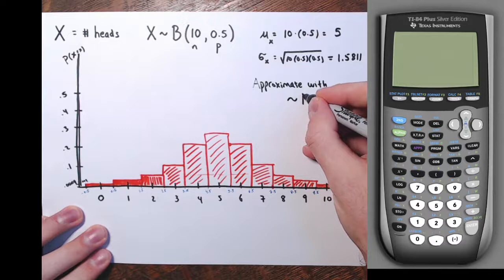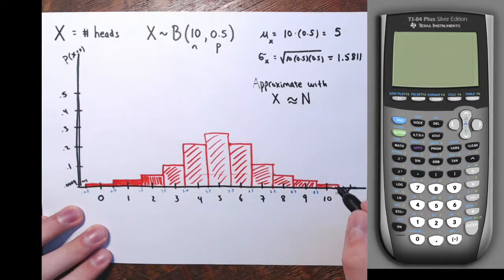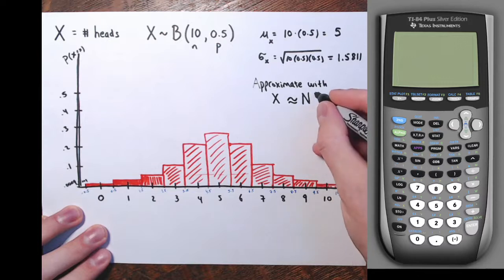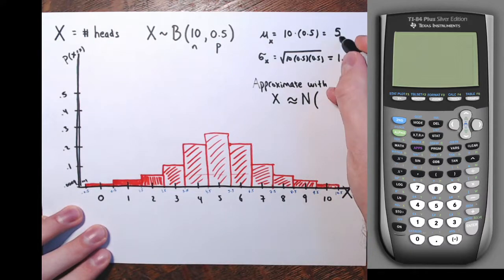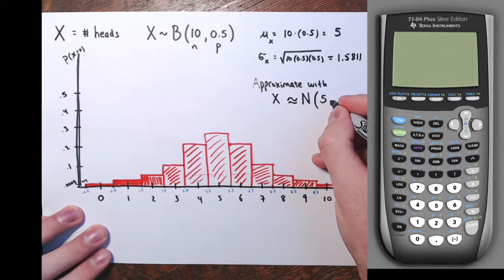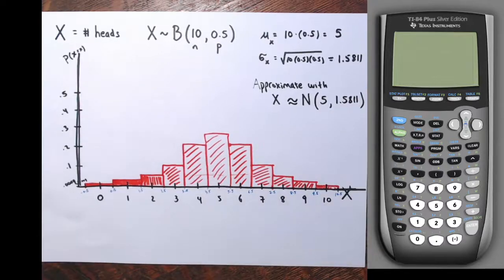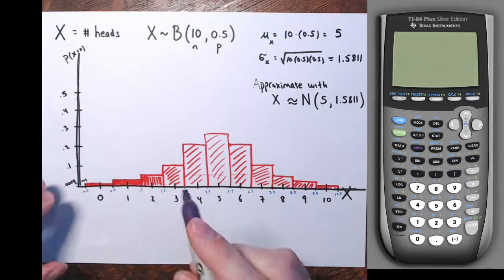So X here is approximately a normal distribution with a mean of 5 and a standard deviation of 1.5811. So that would be like this here.